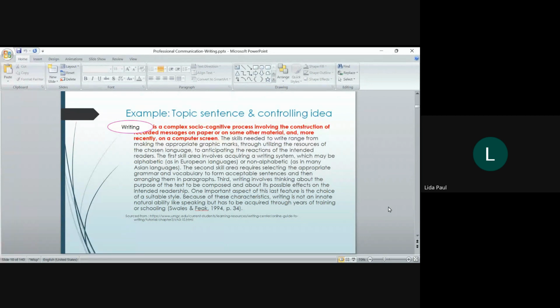And look at the last sentence there. Because of these characteristics, writing is not an innate natural ability like speaking, but has to be acquired through years of training or schooling. Doesn't this sentence sound very similar to what you've read in the first one? The first part of the sentence says writing is a complex socio-cognitive process, right? So this thing is said in another way in the last sentence: is not an innate natural ability like speaking, but has to be acquired through years of training or schooling.